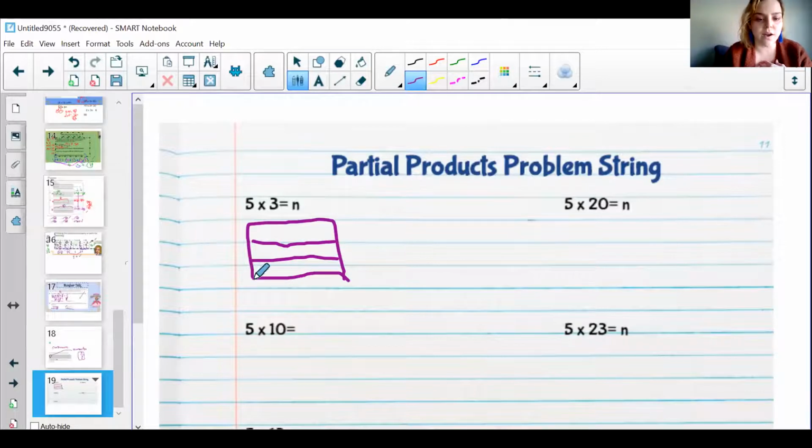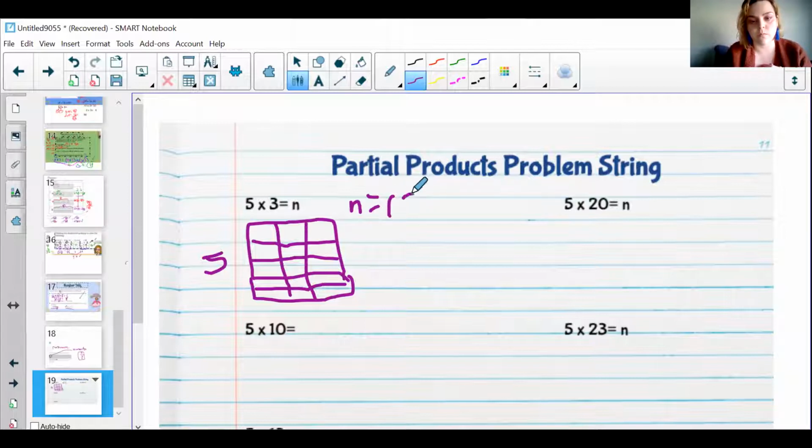So I'm going to do 5 rows and 3 columns. So I have 1, 2, 3, 4, 5. That's going to represent 5 times 3. I know you already know what 5 times 3 is, but we're going to write it down. We know that 5 times 3 is 15, so n equals 15.